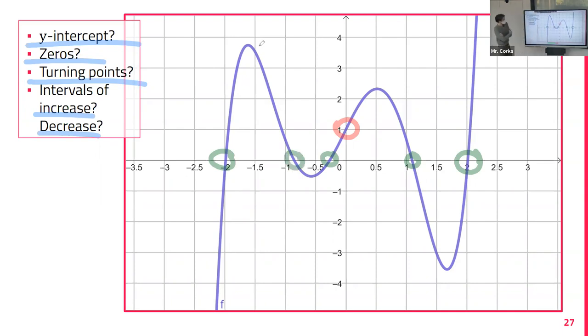Yeah, so close to -1, but negative 0.8 maybe. Okay, so 5 zeros. Turning points. How many do you see? 4 turning points.